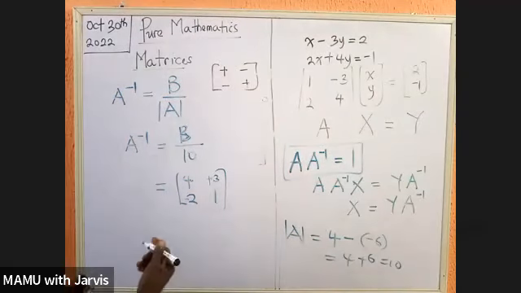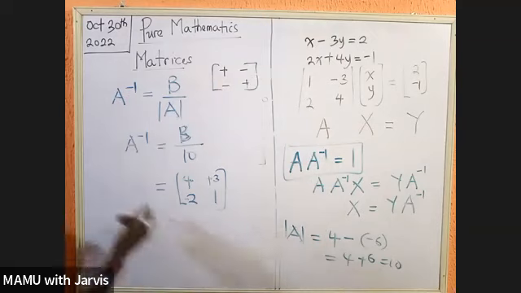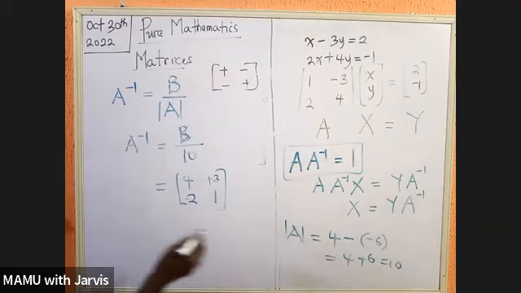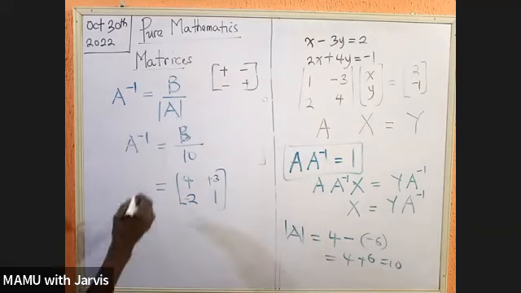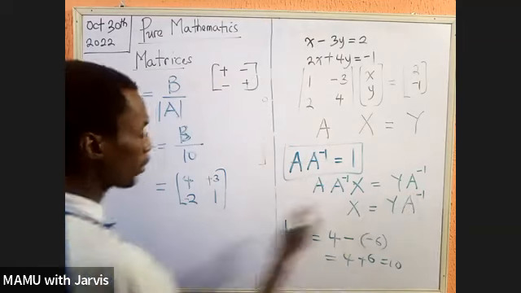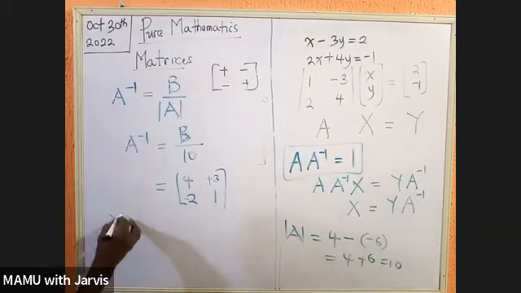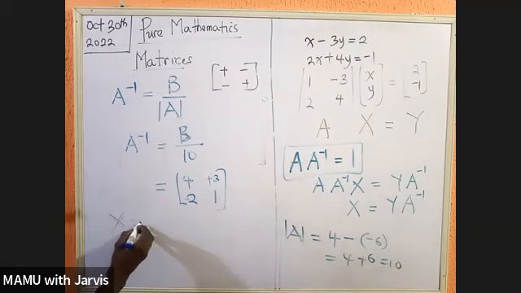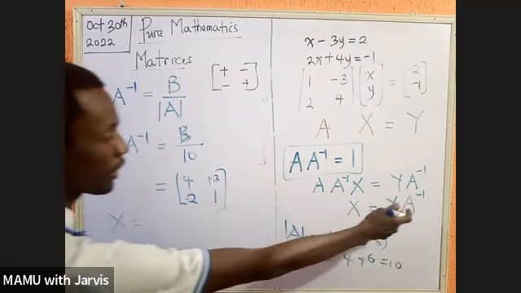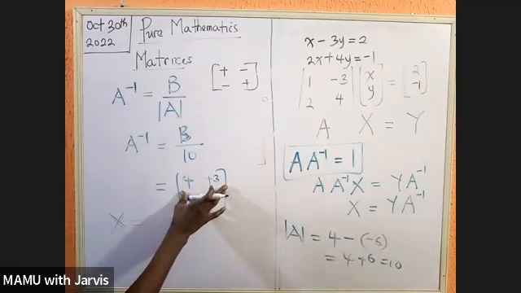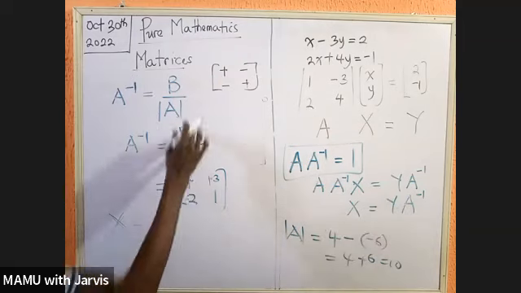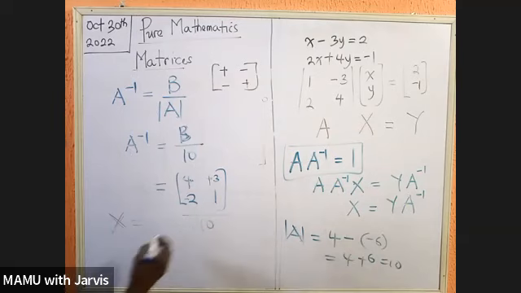So what that means is that, taking from here to this point, this problem now becomes what? X, which is what I'm looking for, will now be equal to A inverse, which is this one, times this, over 10, don't forget that. It will be 1 over 10.